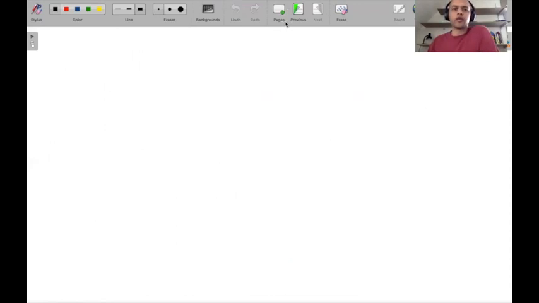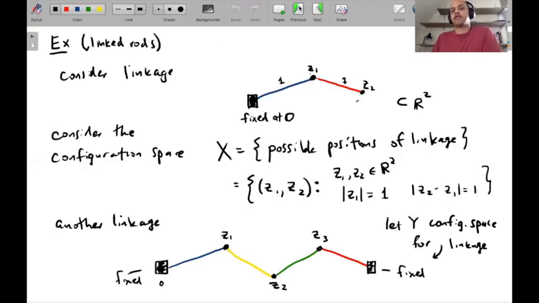Okay, so related to topological equivalence, you could ask, well, are these topologically equivalent spaces? So we have these 2 spaces. This is a general question you can ask. You're given 2 spaces, are they topologically equivalent or not?